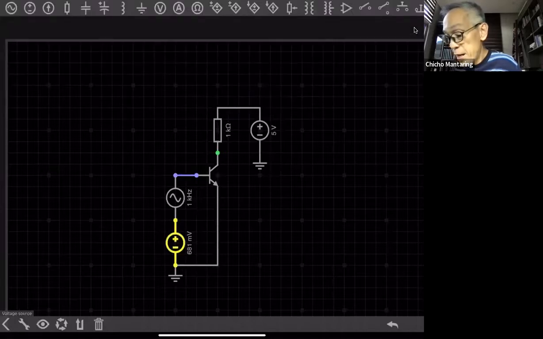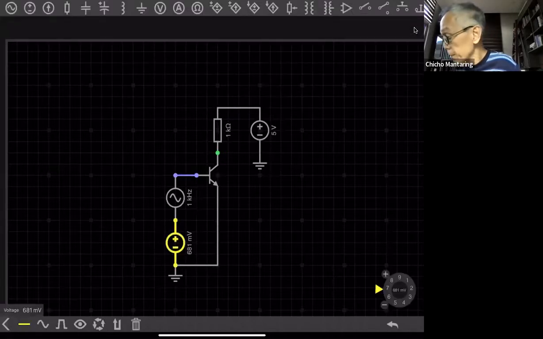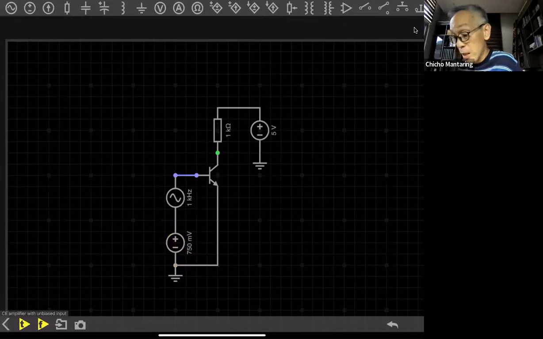Okay, let me make this a little bit larger. So this was originally 0.7. Let me make it 0.75.